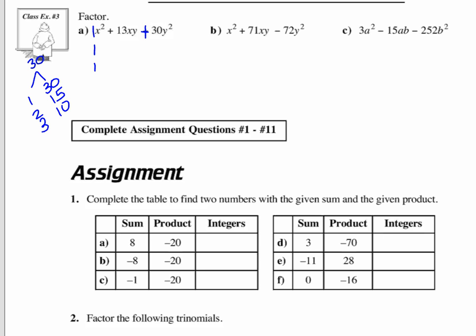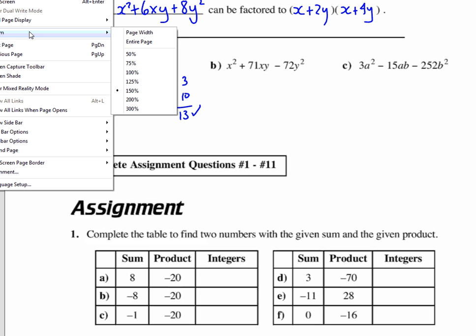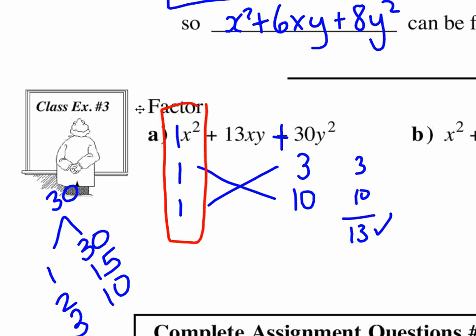So what 2 numbers should we use? 3 and 10, because if we multiply the diagonals, we get 10 and 3. And does 10 and 3 equal 13? Yes. Okay, so now we need to put in our variables. Remember I said that these two have to multiply to x squared. So what is it going to be? X and x.